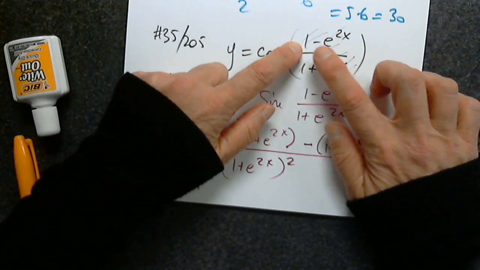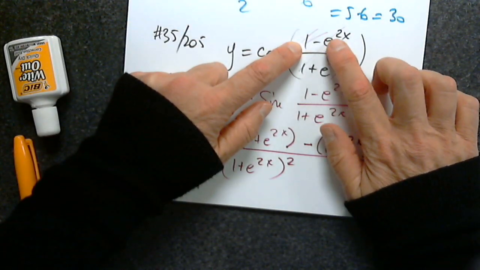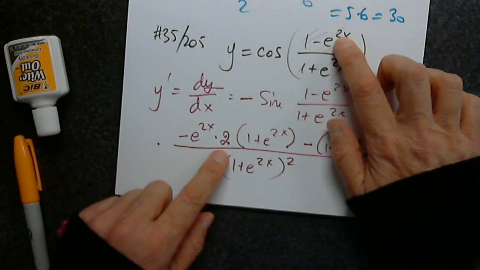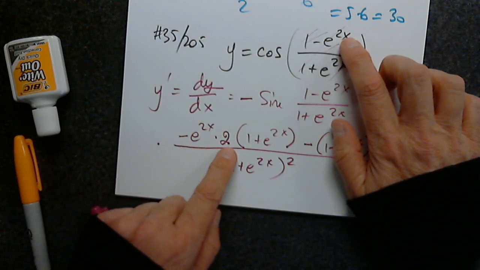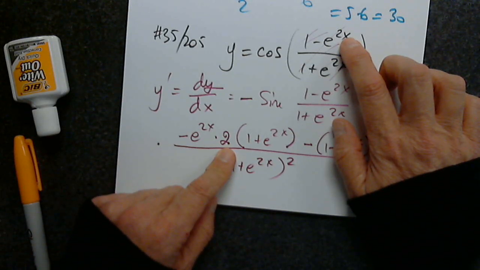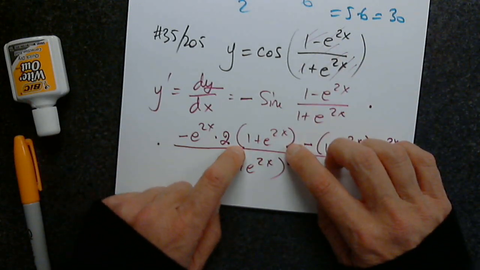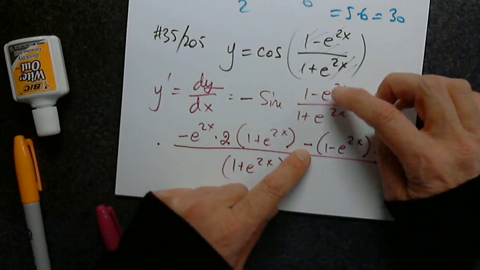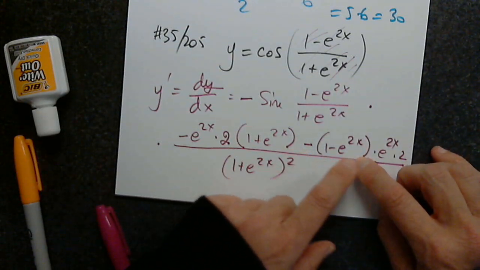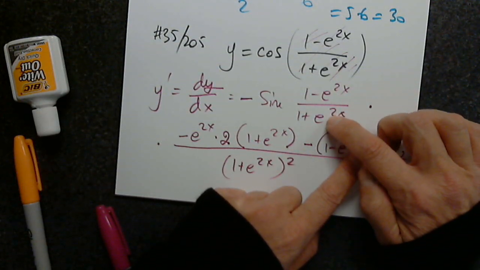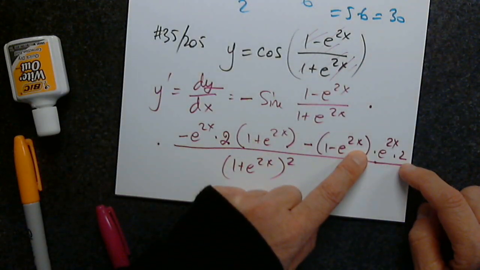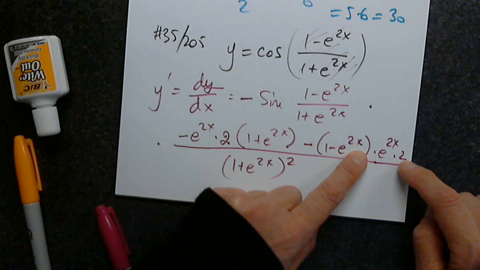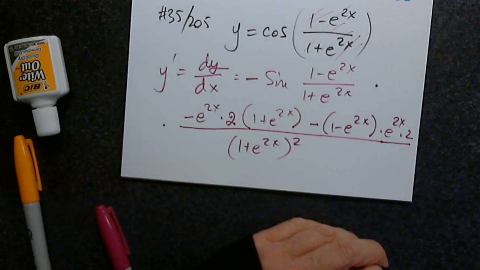The top prime, this is 0, minus e to 2x times the inner function prime. Inner function prime is 2x prime, which is 2, times the denominator, mandatory minus, I copy the numerator, and now I differentiate the denominator. 1 prime is 0, e to 2x prime is e to 2x times 2, times the inner function prime, which is 2. Is this okay?